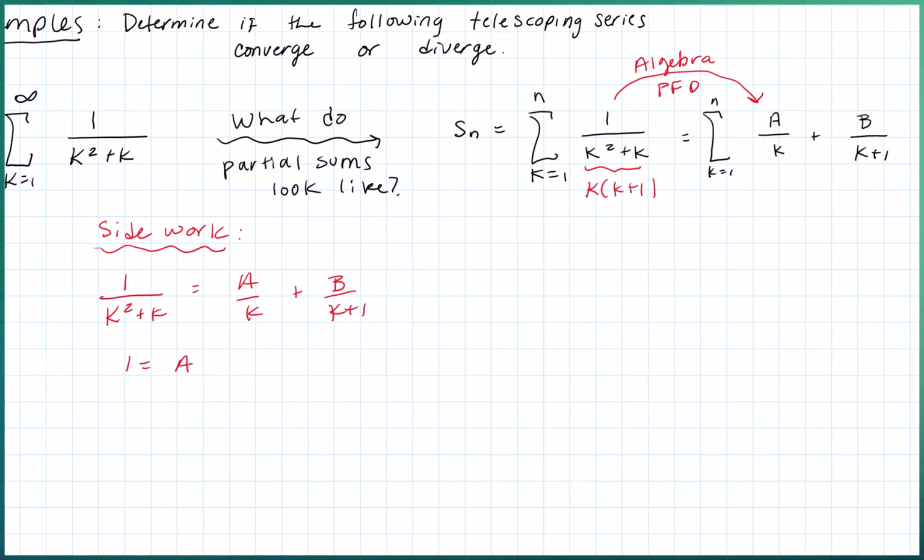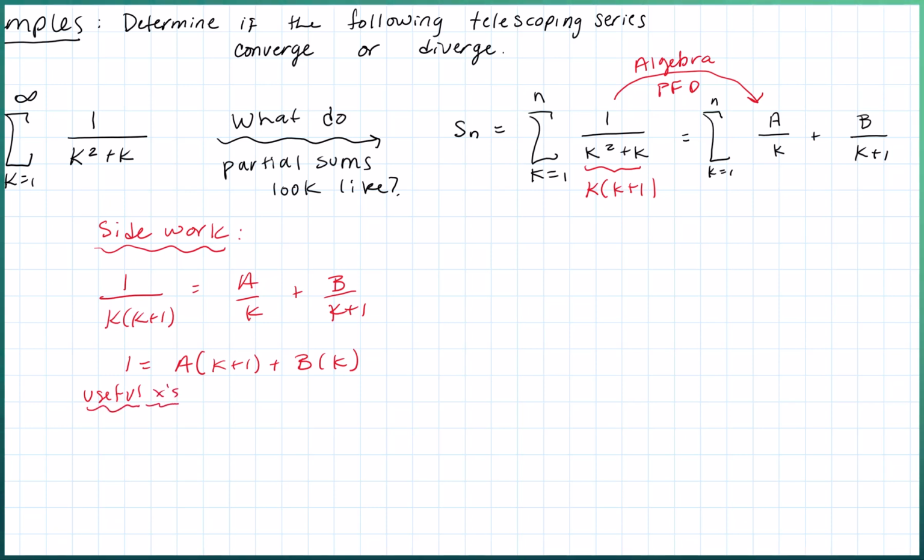So, I'm actually going to write that in its factored form, k times k plus 1. Multiplying by the common denominator, we get 1 equals a times k plus 1 plus b times k. I'm going to use just the method of useful values here to find my a and my b. This is a quick, fairly easy partial fraction breakdown.